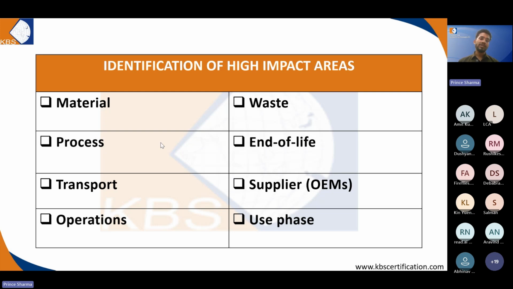Which processes are making a very high impact on the environment or the humans or different aspects, maybe on the social life cycle assessment, that can also be checked. That can be answered by the process level data analyzed by the life cycle assessment, and can lead you to better processes and to a better and cleaner product.